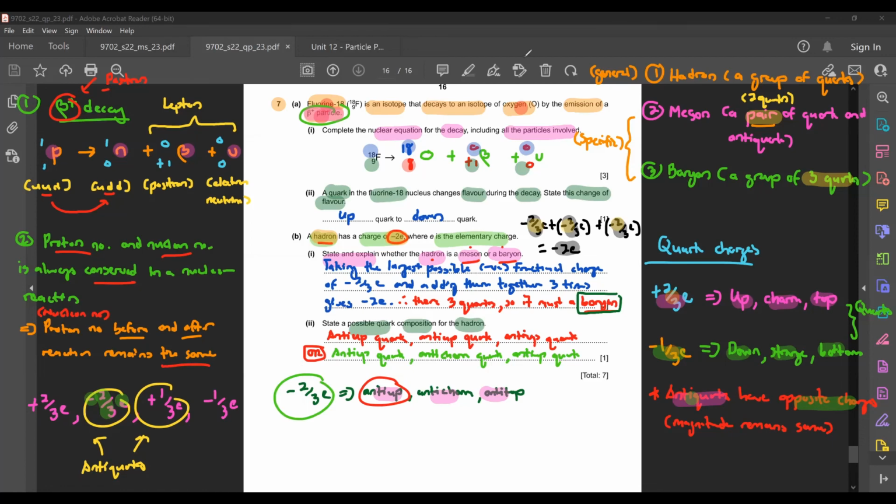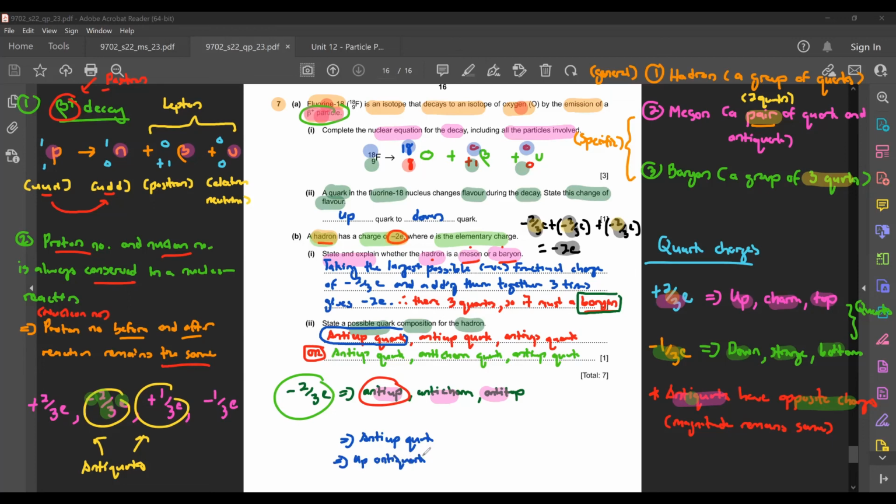One thing I should probably mention here is the term that you use for antiparticles. For example, when you're talking about the antiparticle equivalent of your up quarks, it is acceptable to write it as anti-up quark or up anti-quark.